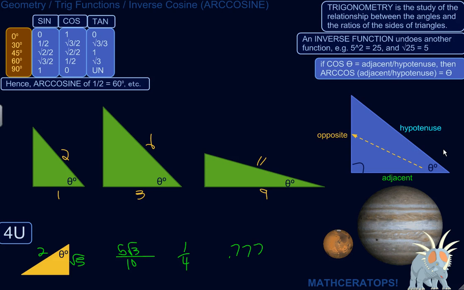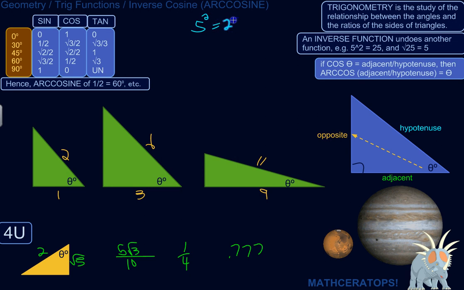It's just a ratio. Okay, so then let's talk about inverse cosine. But first, what is an inverse function in general? Here I've got a little example that I like to use. It's very simple. The square function and square root function are inverses of each other. So if I take 5 squared, what is that?